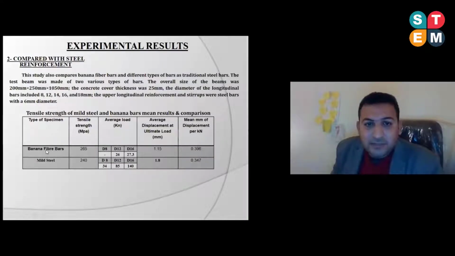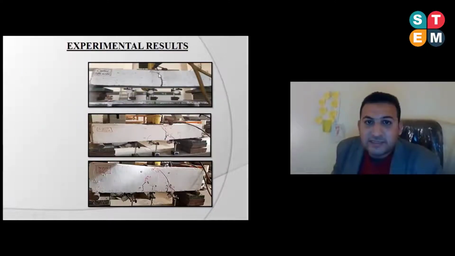When the banana fiber bar is used, the tensile strength is 265 and the mild steel is 240. This is the beams and the type of the failure for each beam.